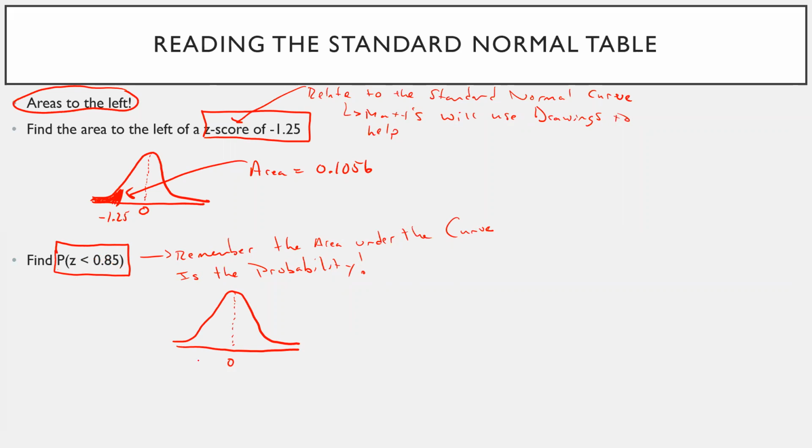So that's going to be above 0. It's over here. And then I want to find all the area less than that, so I'm going to shade to the left.